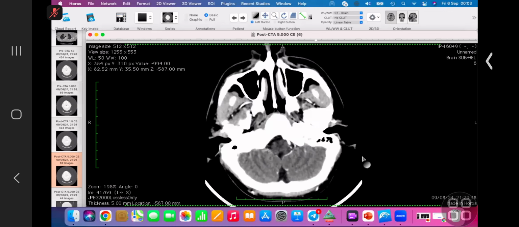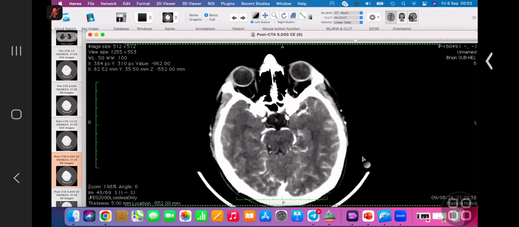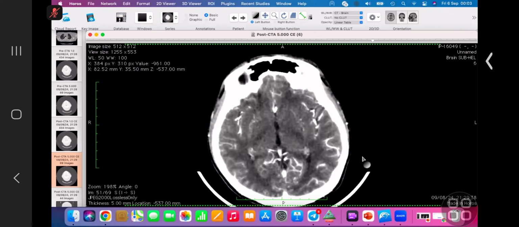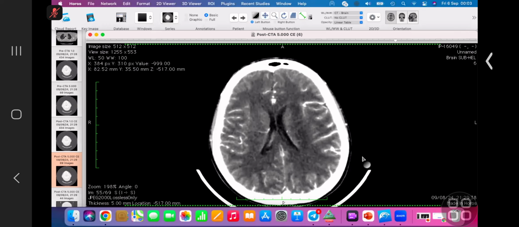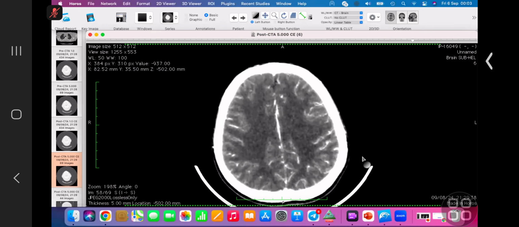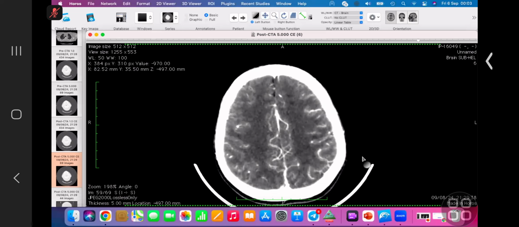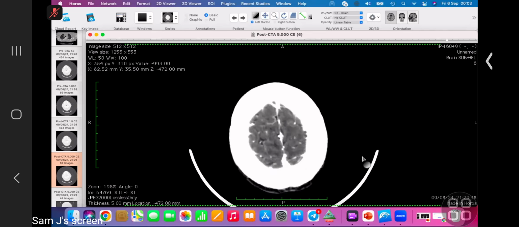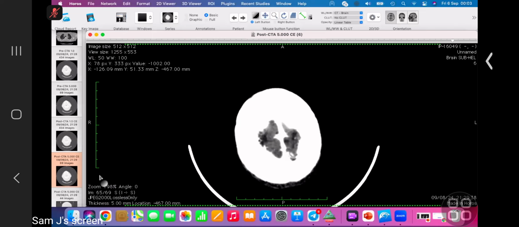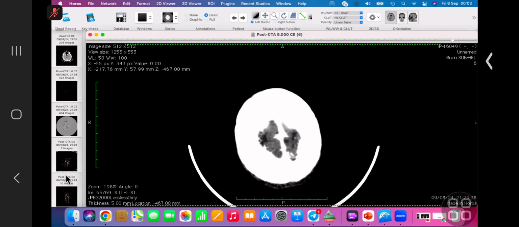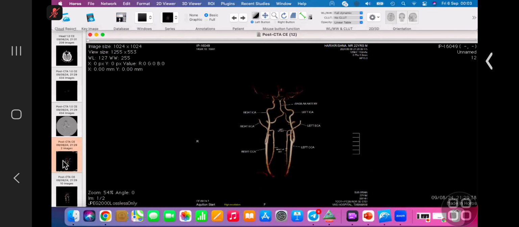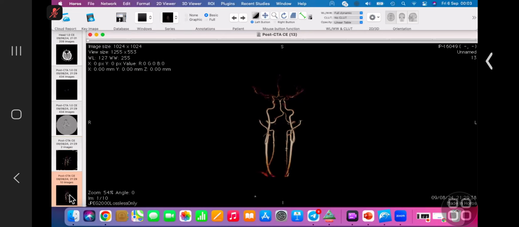Let me scroll it again for you. I'm trying to localize the area of abnormality. I only see that maybe there is asymmetry in the vertebral artery on the right side. I can see the right vertebral artery, but other than this. That's the angio actually. We did angio.